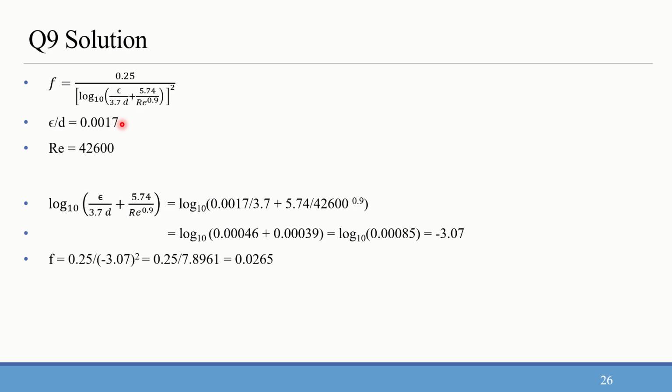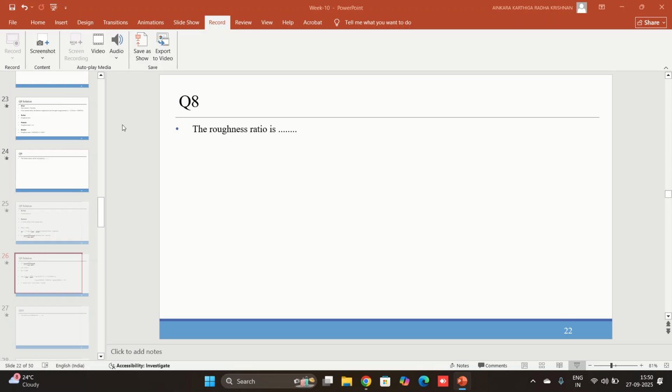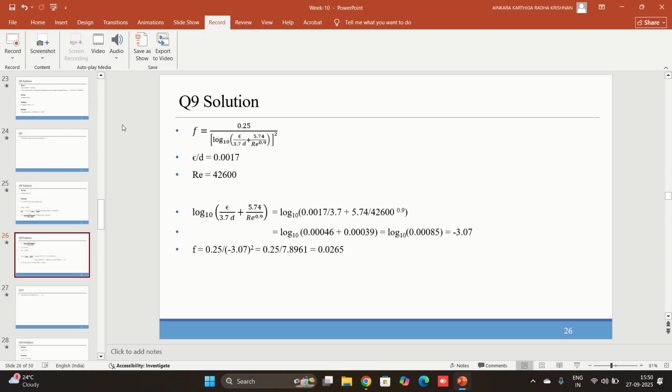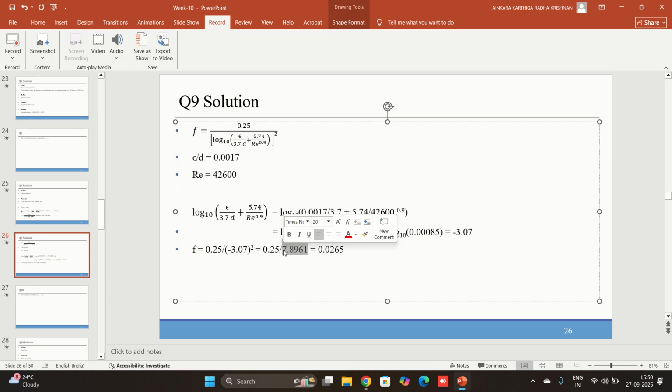Oh, it is wrong actually. 3.07 squared is 9.4249, and 0.25 divided by 9.4249 is 0.0265. So yeah, here alone a small mistake happened.